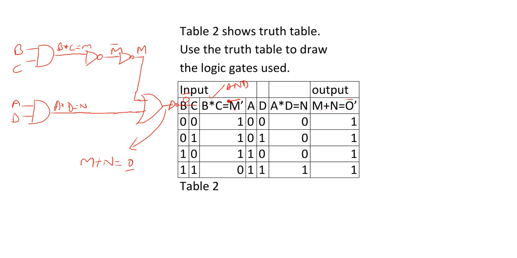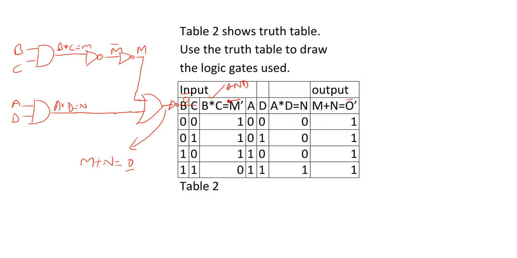So that is it. That is how you draw those gates. You pass B and C to an AND gate, we get B and C. Because we are getting the complement of M, you complement the output, you get M complement.